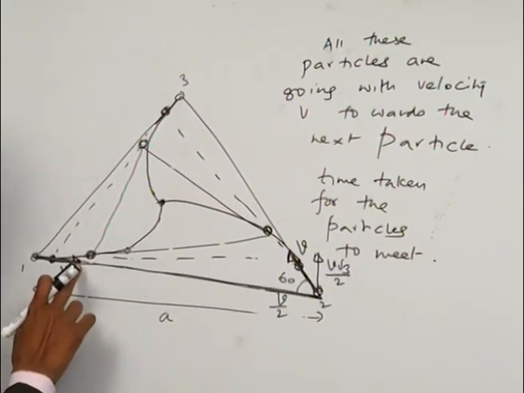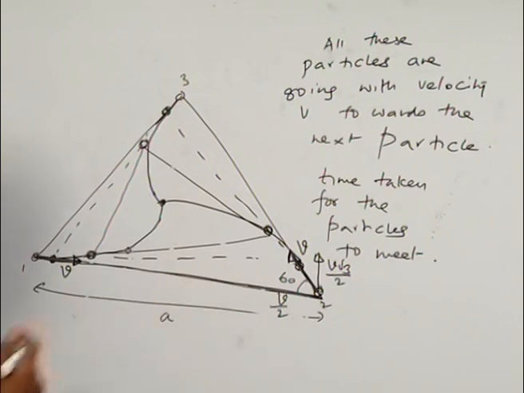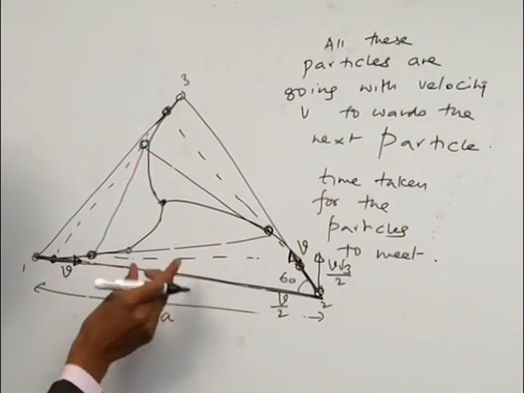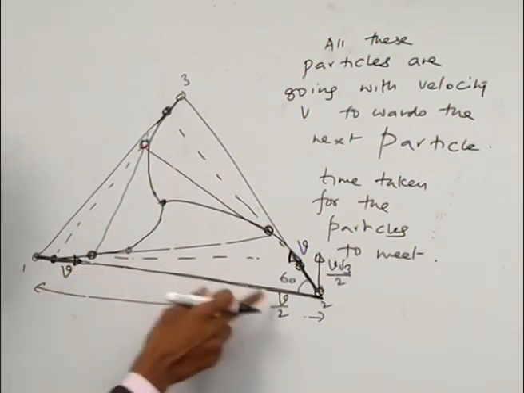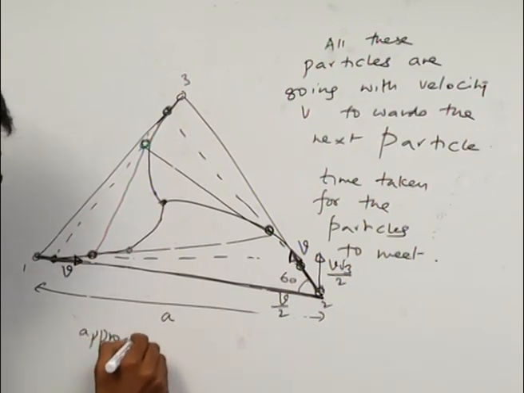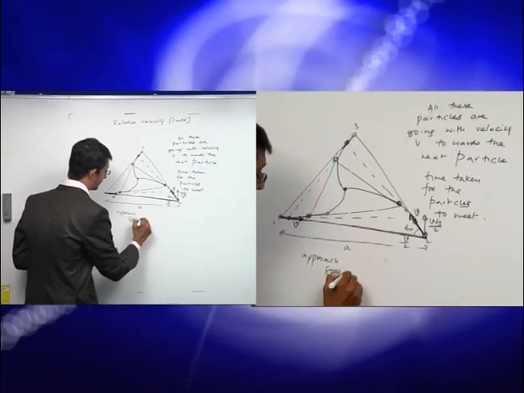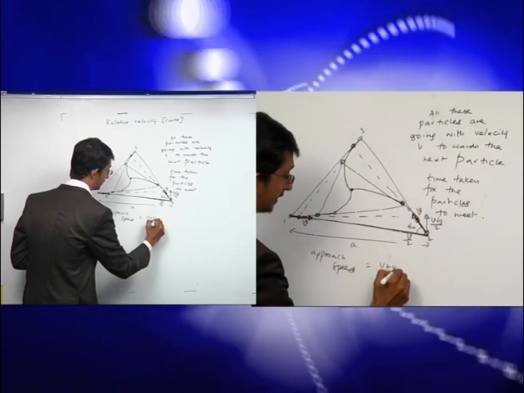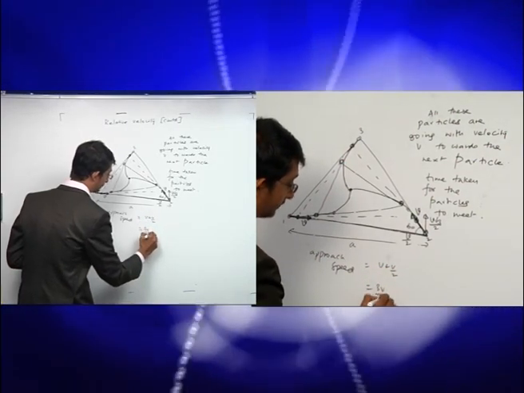So they are approaching with a speed of v plus v by 2, because this is coming with v, that is coming with v by 2. So after 1 second, the distance gets shortened by v plus v by 2. So their approach speed is given by v plus v by 2. So it is given by 3v by 2.